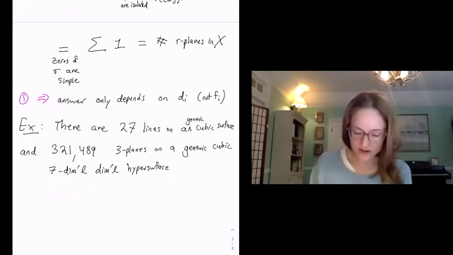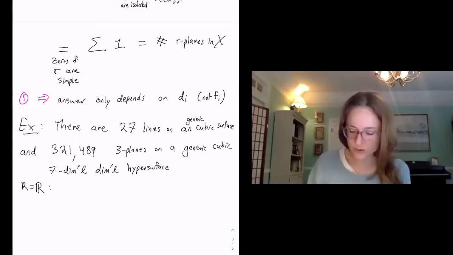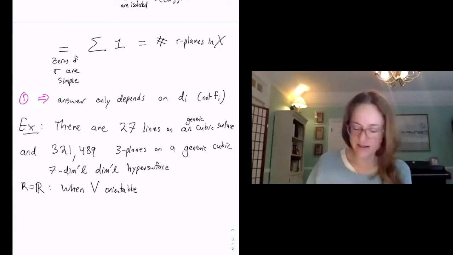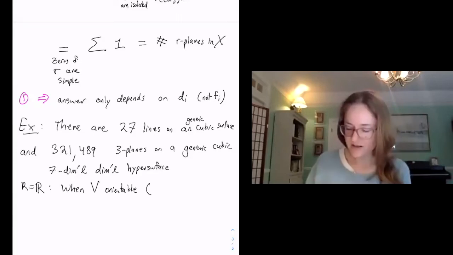Let's change K from C to R. So when K is equal to R, we want to use an Euler number again. And for this, we need V to be orientable. There's again a way to express this just in terms of the constants we have around.